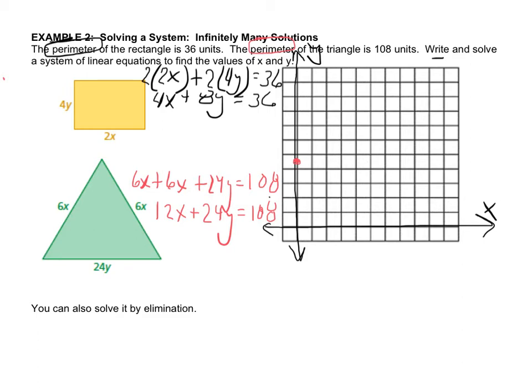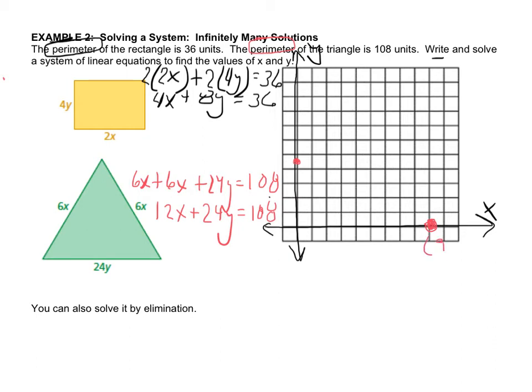So then I want to look at my x-intercept. If I go to my x-intercept, I'm going to cover over the y's this time, because when at the x-intercept y equals 0, 8y becomes 0, and then I look at 4x equals 36, divide by 4, and I get my 9. So that means I come over 9, which is right here.